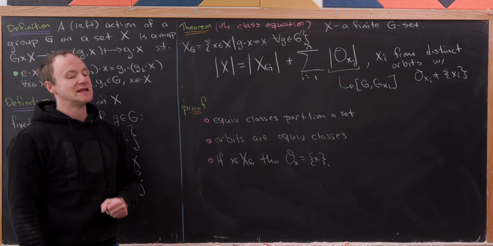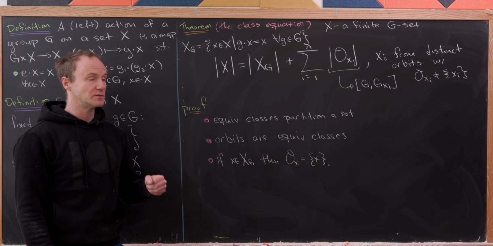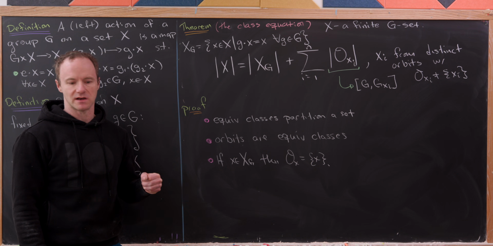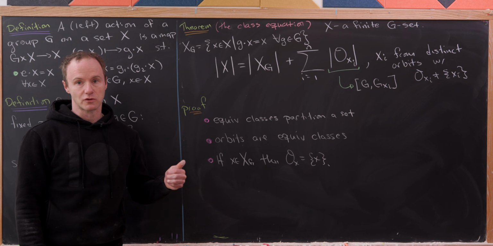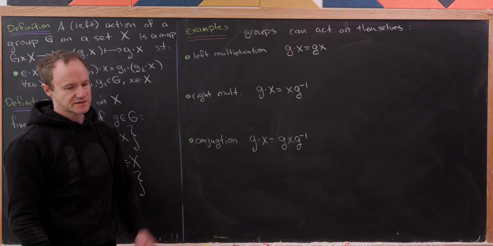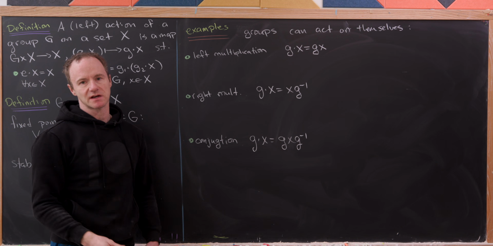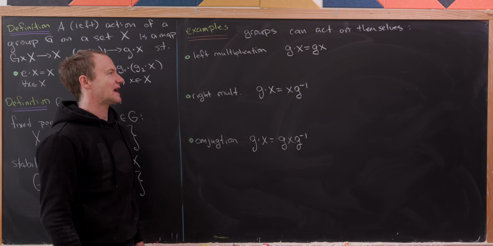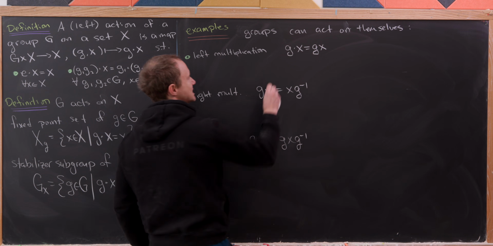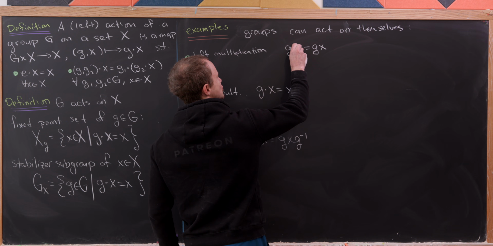Okay, great. Now what I want to do is look at groups acting on themselves a number of ways, and look at the special case of this when a group is acting on itself. All right, so like I said before, groups can act on themselves a couple of different ways. Here are the natural ways. So via left multiplication. So that means that g dot x will simply be gx.